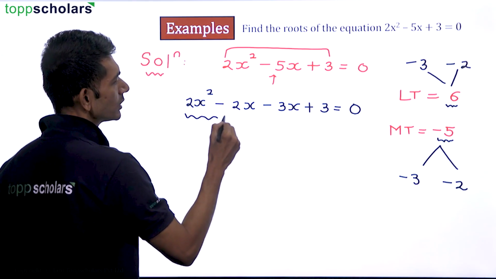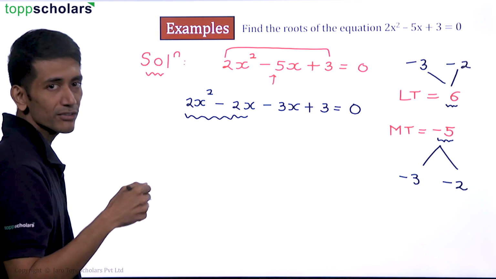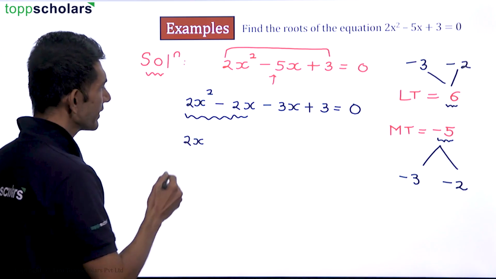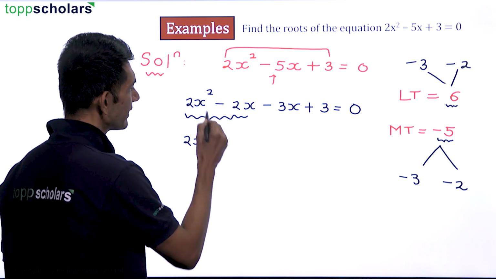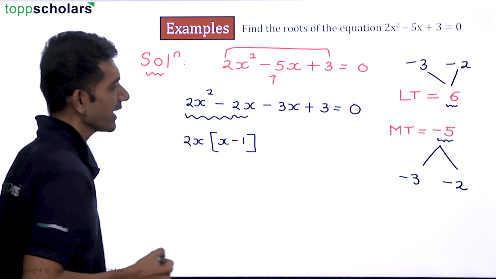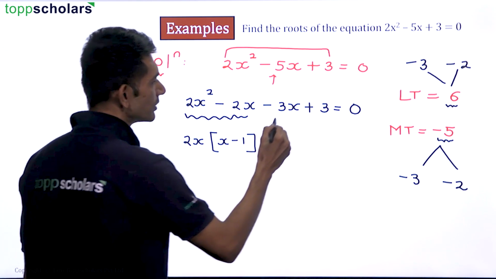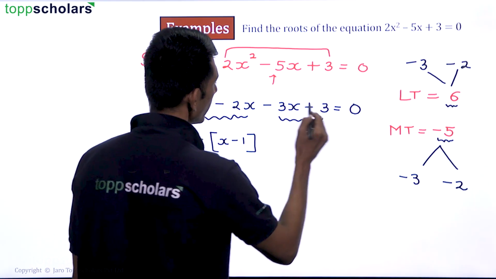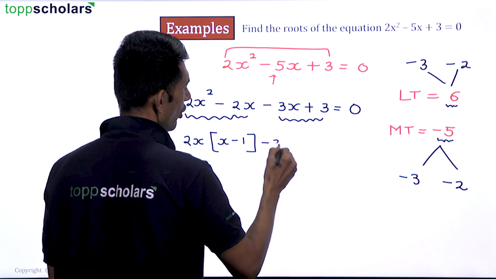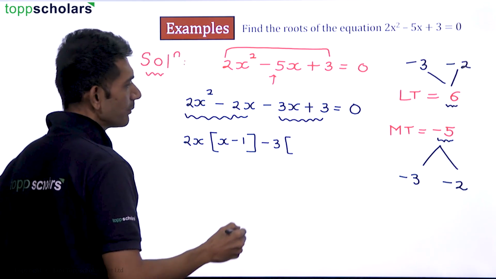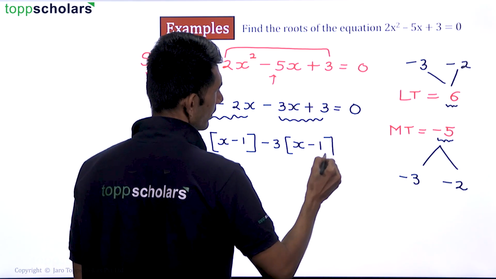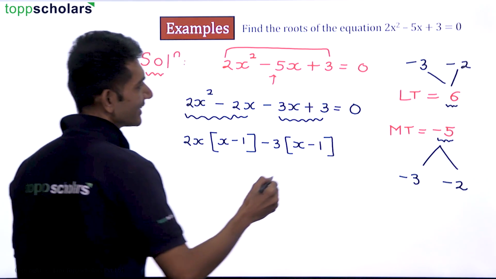So from the first two terms, can you take 2x common? Yes. So 2x is common. What will be left inside the bracket? x minus 1. From the last two terms, can you take minus 3 common? What will be left? x minus 1, that is equal to 0.